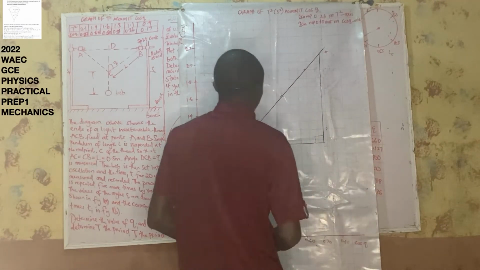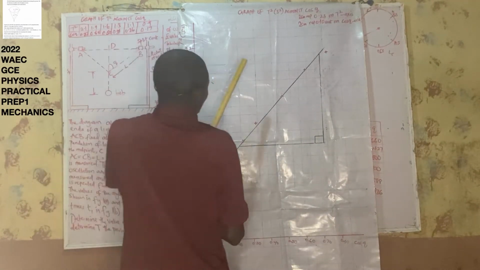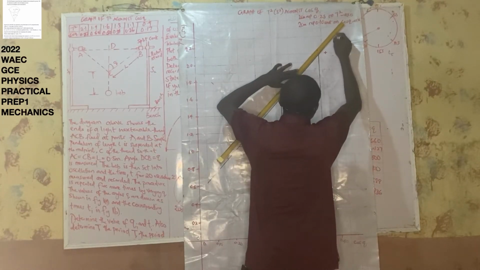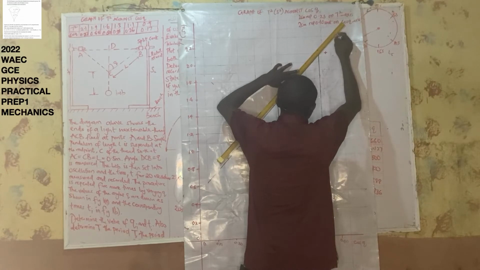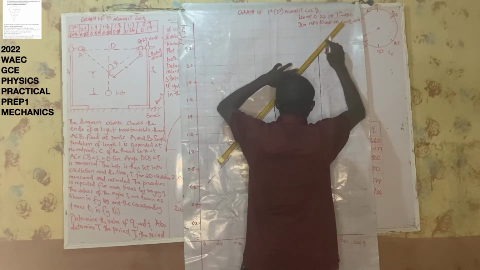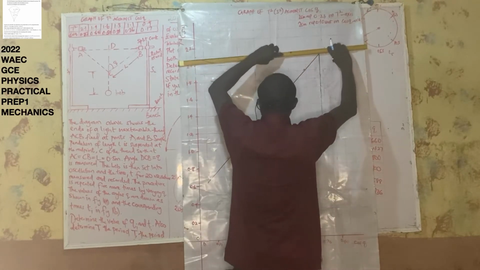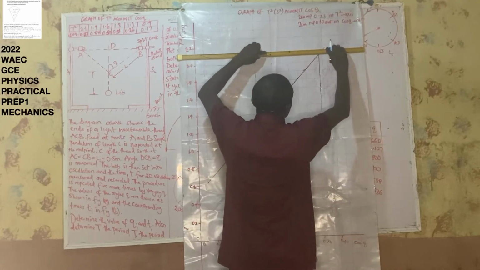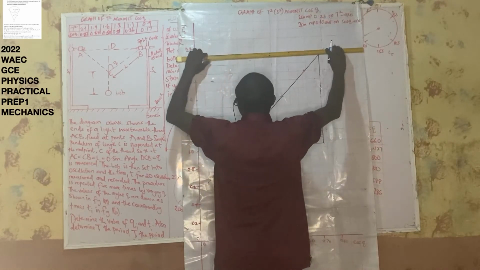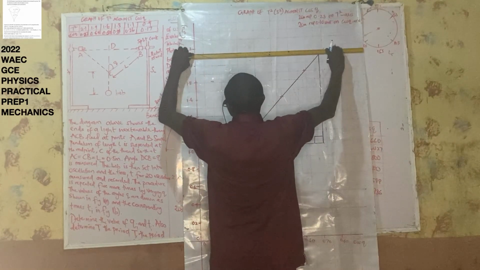So that's that. You can extend this if you want to. I think it's not necessary, but if you want to avoid any form of error, just leave it like that and let's pick the value to plot this slope.